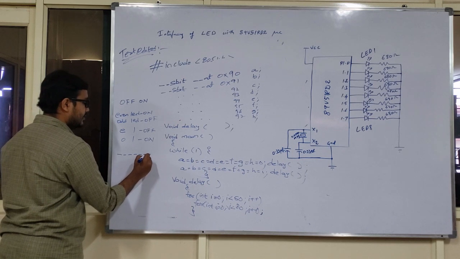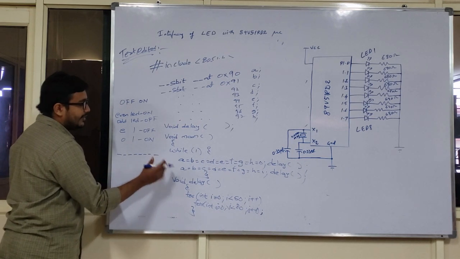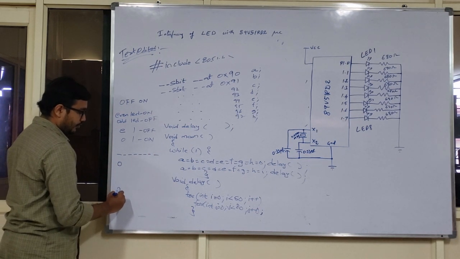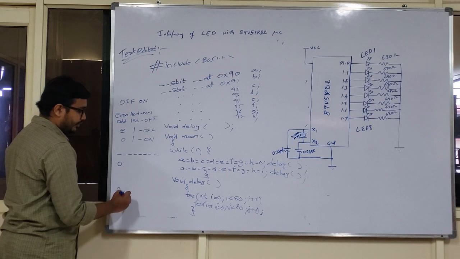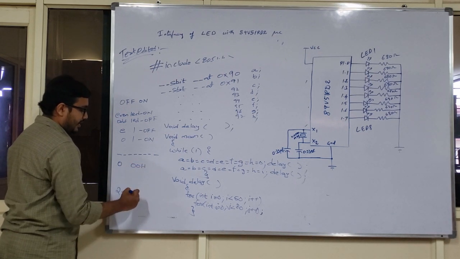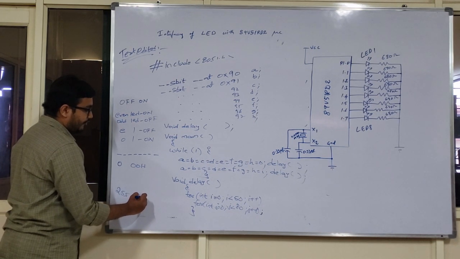4, 5, 6, 7, 8. You can develop a pattern or scenario that follows like this: 0 to 255. The hexadecimal value of 0 is 00H and the hexadecimal value of 255 is FFH.